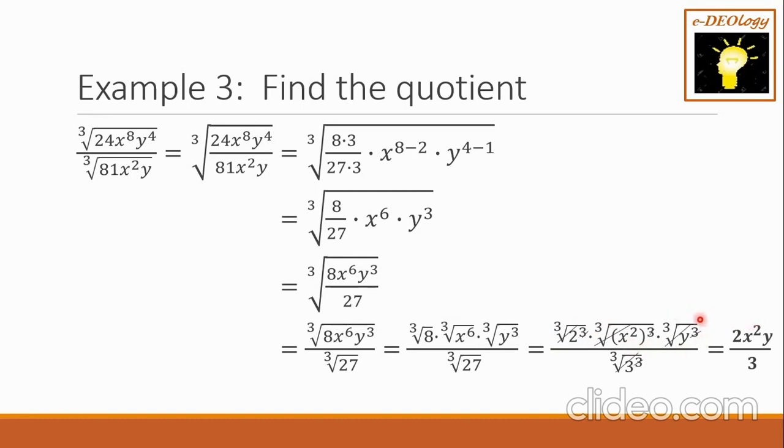On the third factor, we can cancel the radical, also that power 3. Only the y will come here. In the denominator, we can cancel the radical and also the power 3. Only the base 3 will come here. So for our final answer, this is 2x squared y all over 3.